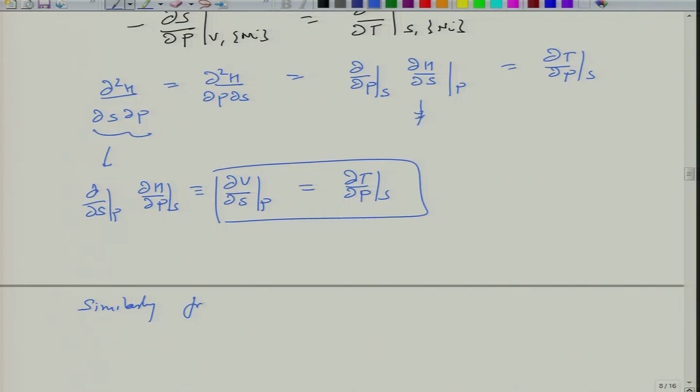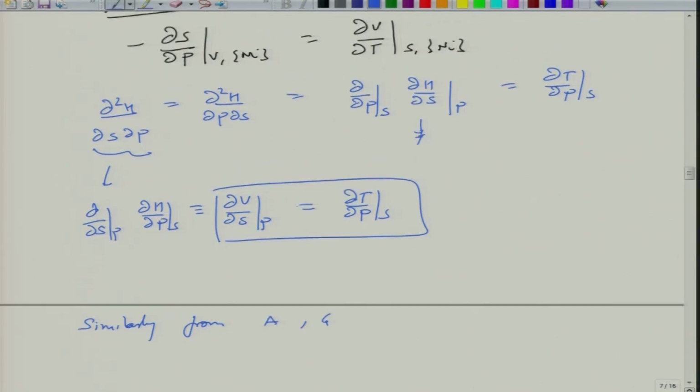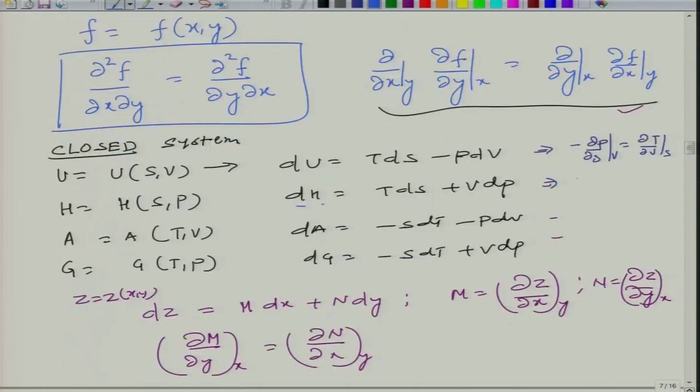Similarly, from the expressions of A and G, we have further expressions. It is not difficult to see that del V by del S at constant P is del T by del P at constant S. That is the expression we got.